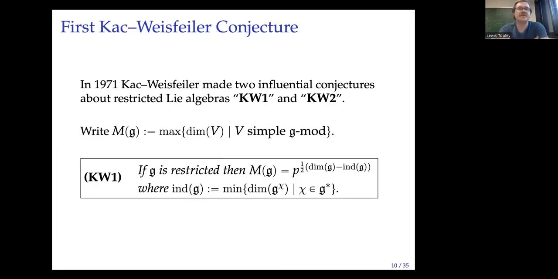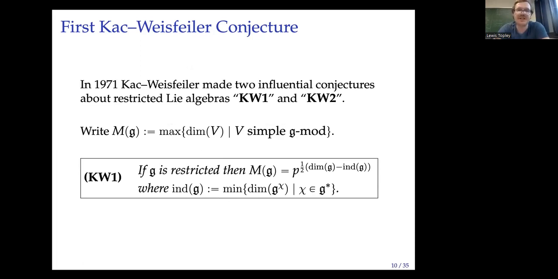So the Katz-Weisfeiler conjectures. In this very important paper, 1971, Katz and Weisfeiler made these conjectures about restricted Lie algebras, KW1 and KW2. Quite a lot of my research has revolved around these two conjectures, or ideas that come off them.